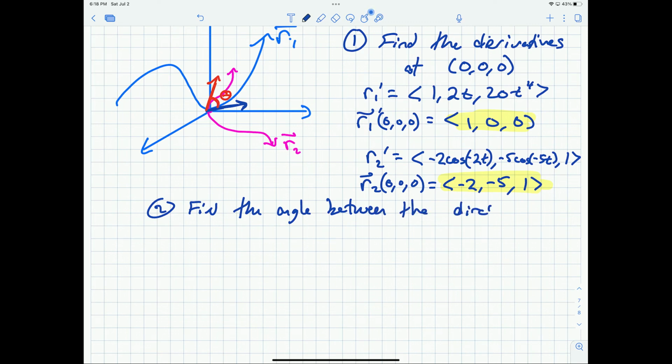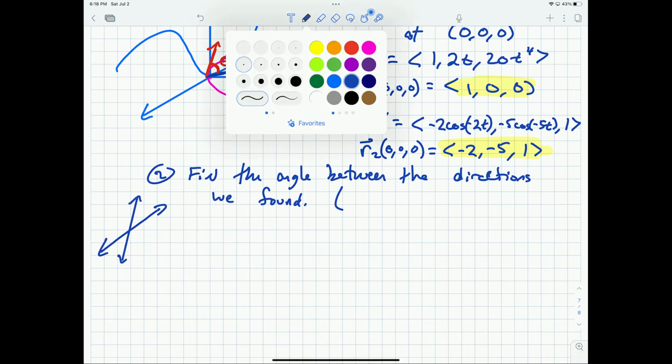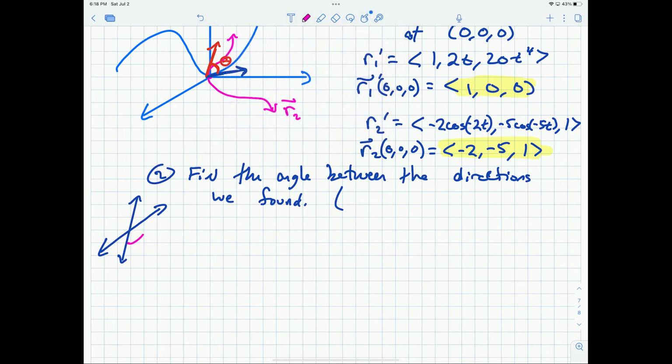And I don't know if it's going to happen, but when they say acute angle, you have to deal with the fact that when you've got two vectors that cross like this, when you find the angle, you might find this angle.